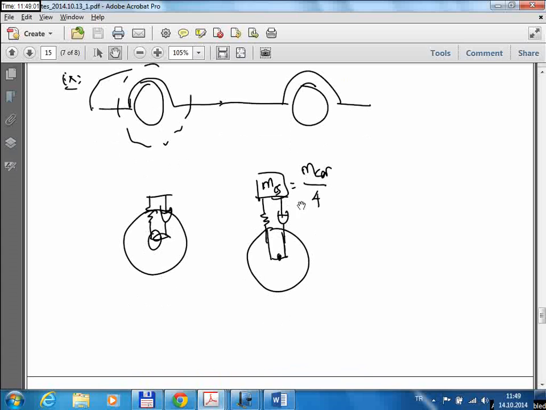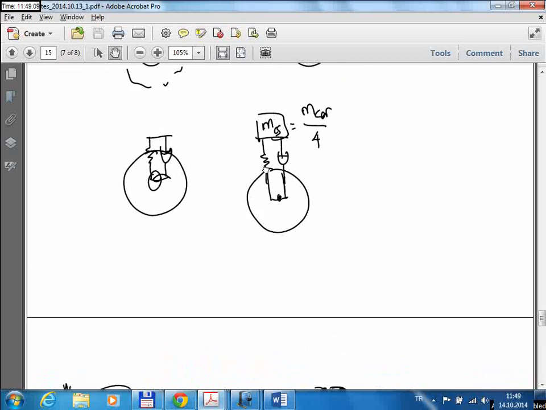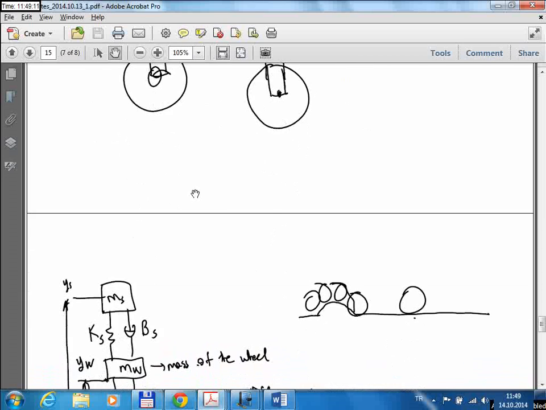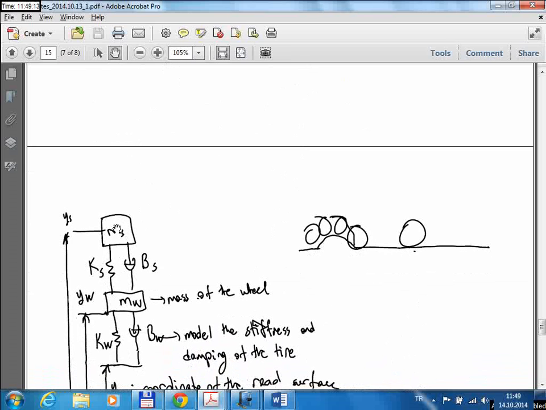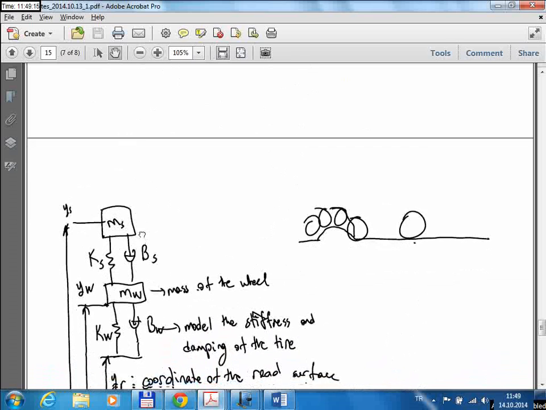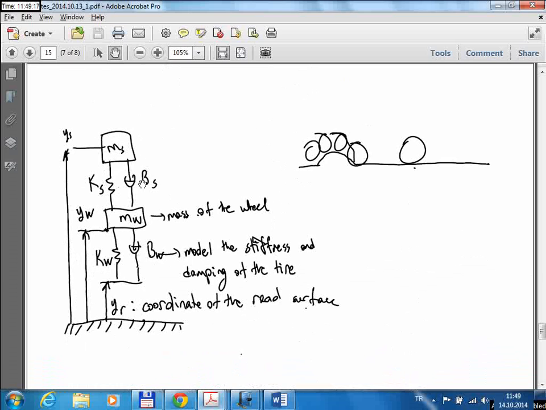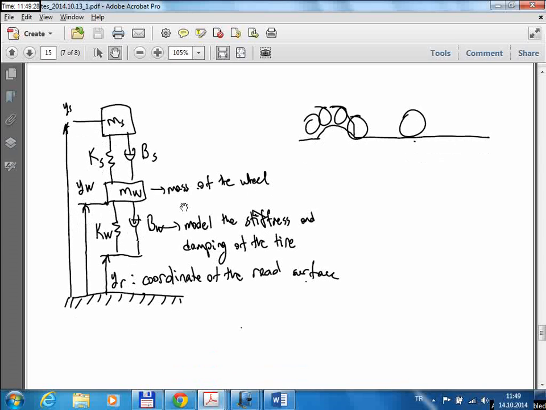And then we assume that there's just motion in the vertical axis, so we ignore any other motion in any other dimensions. That means the mass of the car can only move up and down, so there's 1 degree of freedom here. And then we also consider the mass of the wheel, so it also can move only in the vertical axis. So there are 2 masses with 1 degree of freedom each, which makes the problem 2 degrees of freedom.